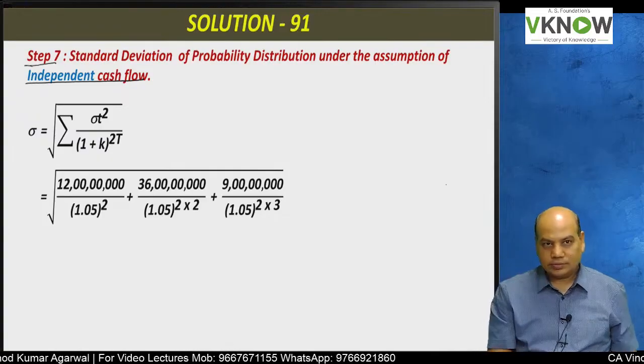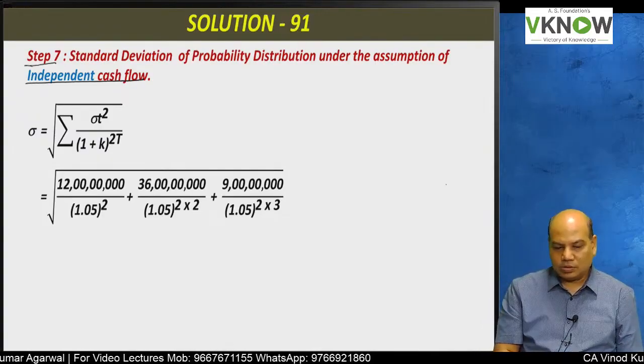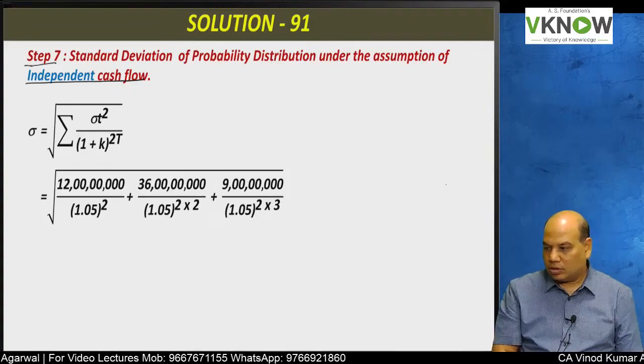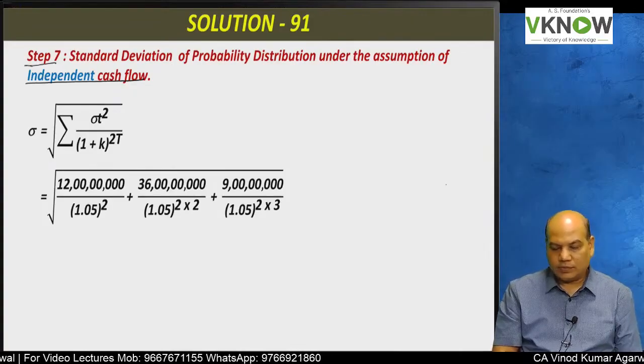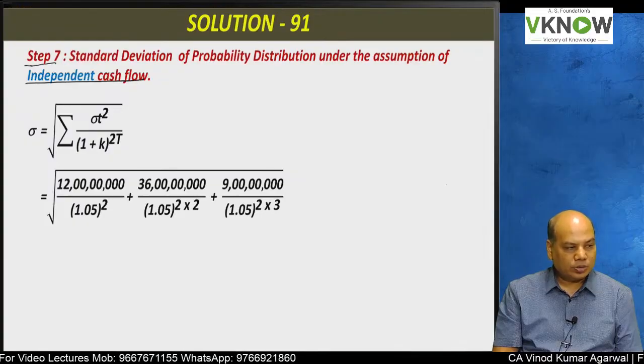In the third year it was 9 crore, divide by 1.05 to the power 2 into 3.